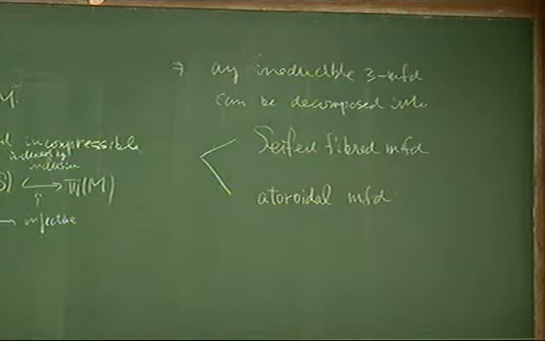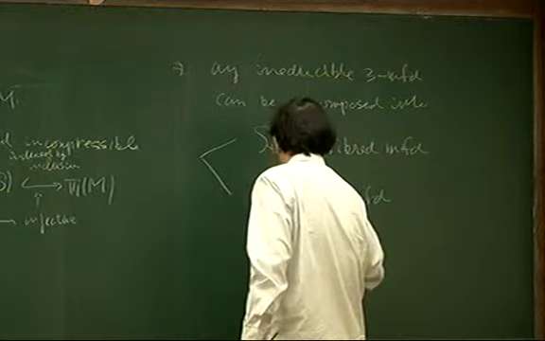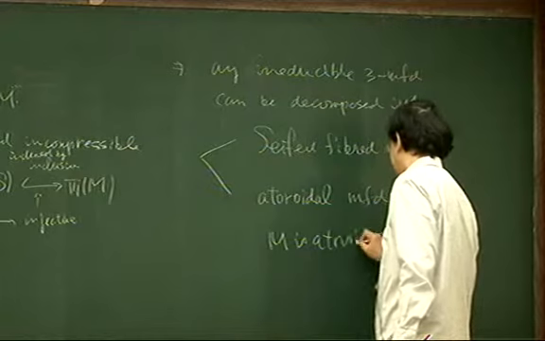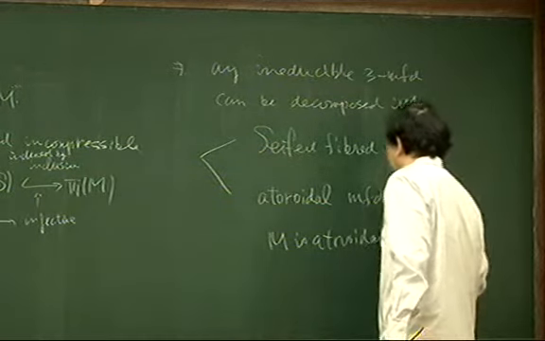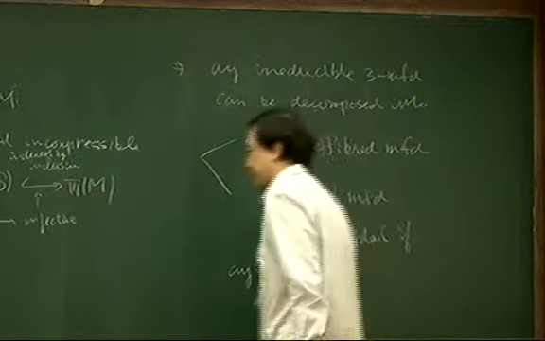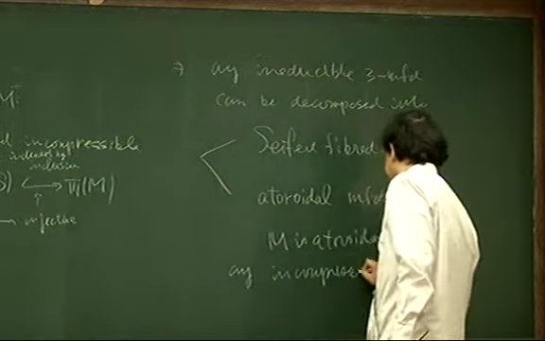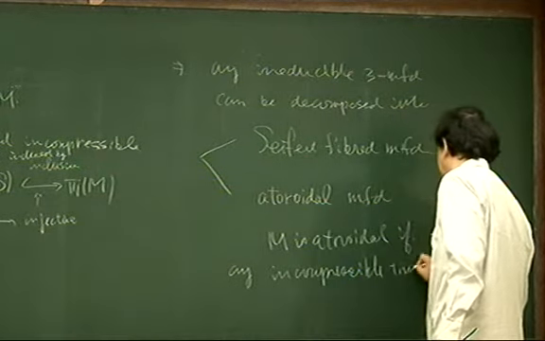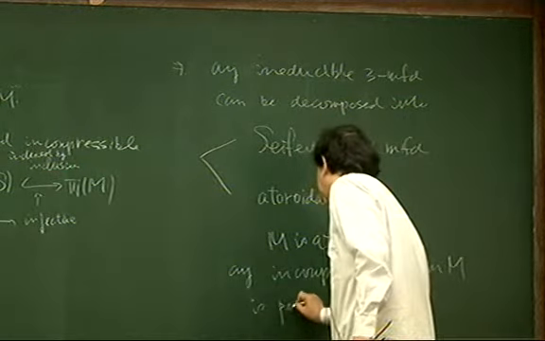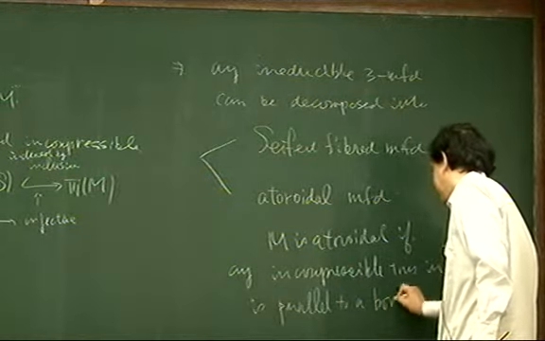A three-manifold M is toroidal if any incompressible torus in M is parallel to a boundary component.